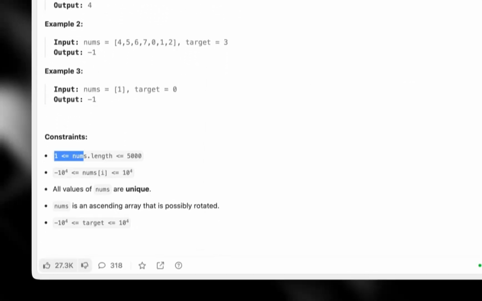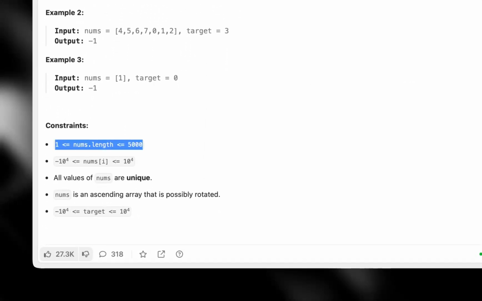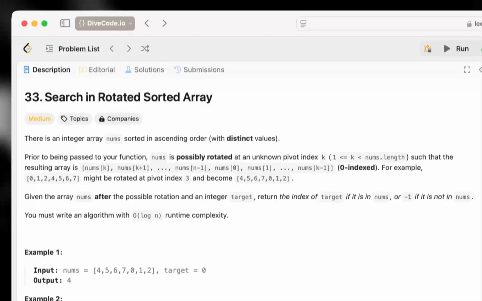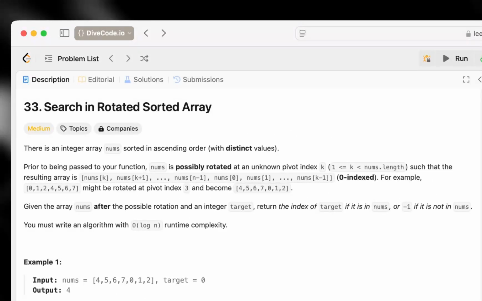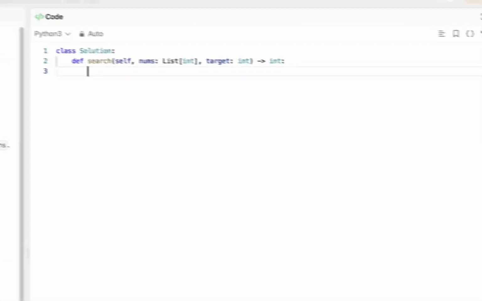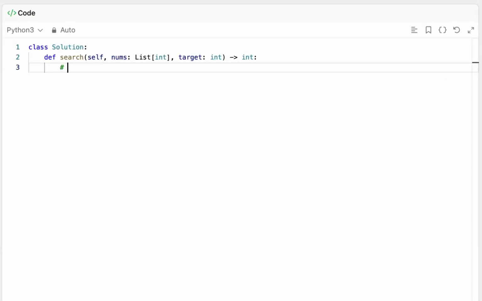We do have the answer in the constraints, that it is between 1 and 5,000, right? One thing to note here is that we know that all of these values are distinct. Okay, let me first go through an example to better understand the problem.